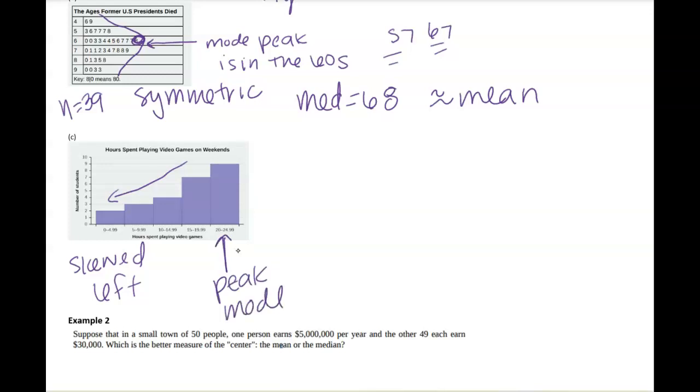So my mode is somewhere between 20 and 25. What's going to be a little bit tricky here is also finding the median because I don't have the actual data values. It looks like this is a random sample of 2 plus 3 plus 4 plus 7 plus 9, 25 students maybe.